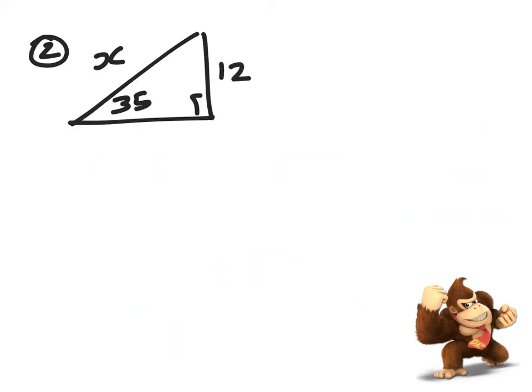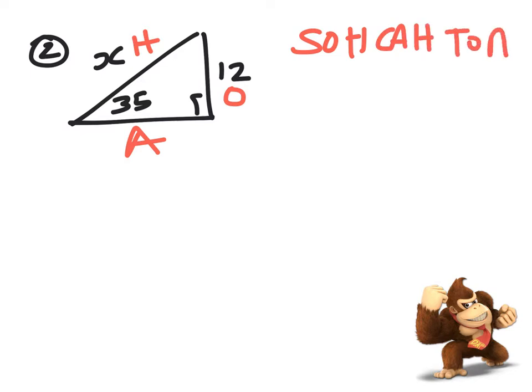Question 2, right angle triangle. This is the hypotenuse, this is the adjacent, it's next to the angle. This one's the opposite. So if we check out the SOHCAHTOA, we know that we're not going to use the side that's got A on it, because this side doesn't have anything else. So it's not going to be this, it's not going to be this.